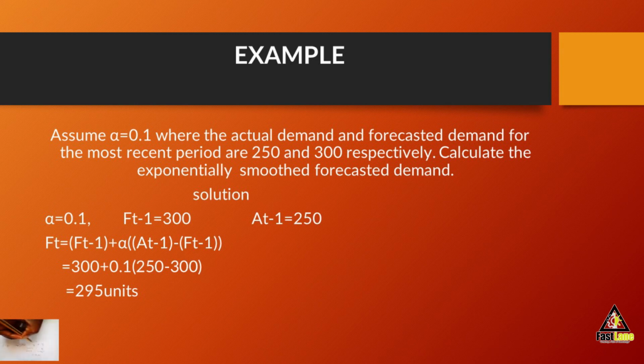So it will be 300 plus our alpha, the smoothing constant, which is 0.1, into A_{t-1}, the actual demand for the previous period, which is 250, minus 300, and this will give us 295 units. So this will be our exponentially smoothed forecasted demand for that period.